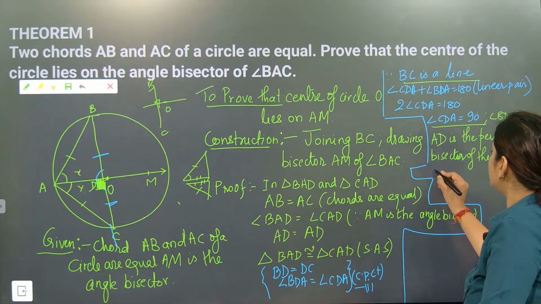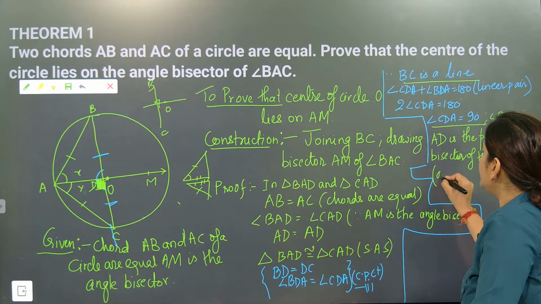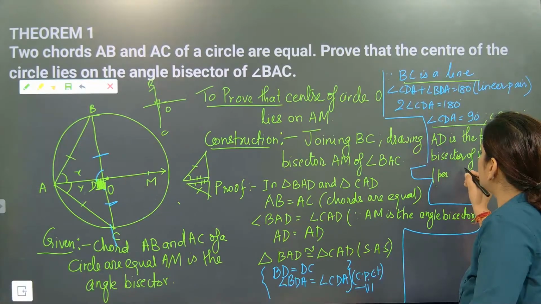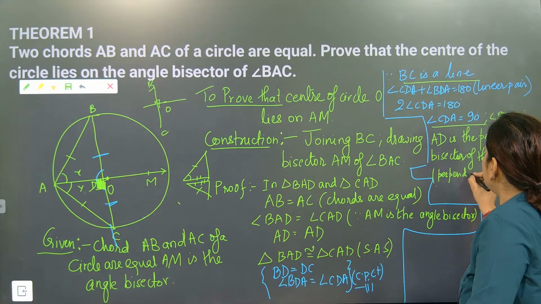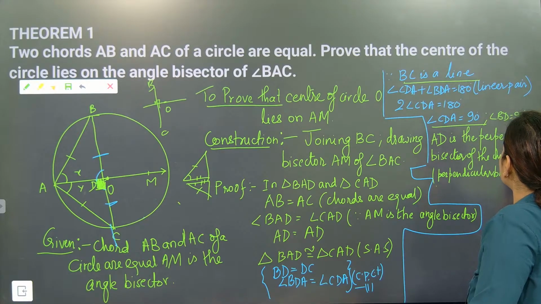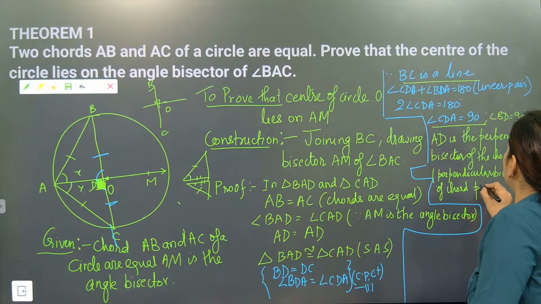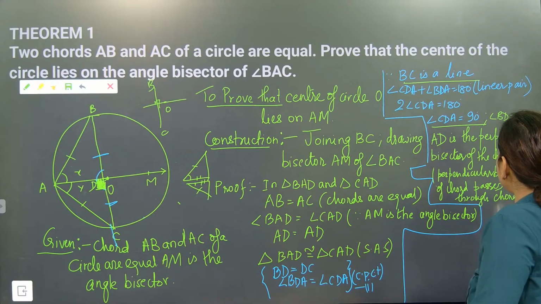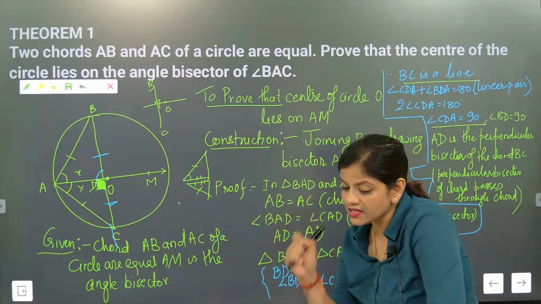Understood? And we know that the perpendicular bisector of a chord passes through the center.